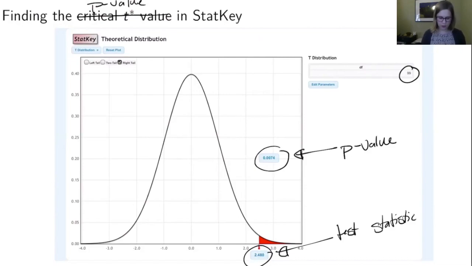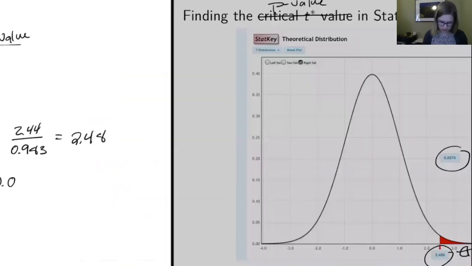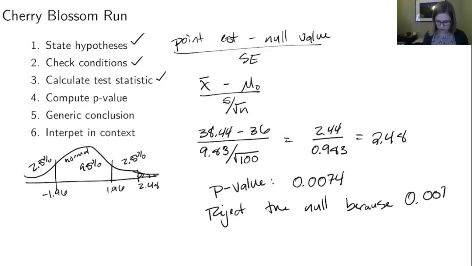I'm going to go back and write on my previous slide. The p-value was 0.0074. Then I need to do a generic conclusion, and I'm going to reject the null because 0.0074 is less than 0.05.